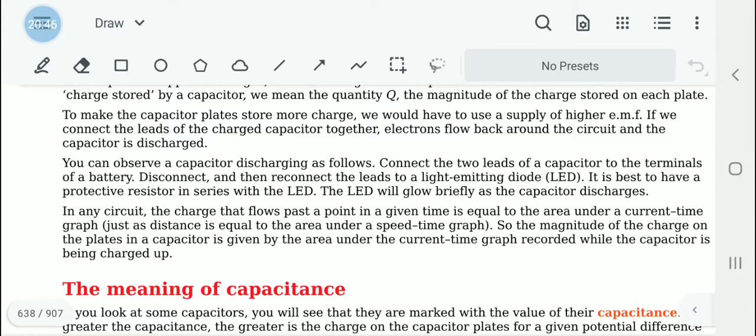However, capacitors would be marked with the highest EMF that it can be connected to, because if excessive EMFs are used, excessive charge will lead charge to flow through the dielectric, making the capacitor not function.